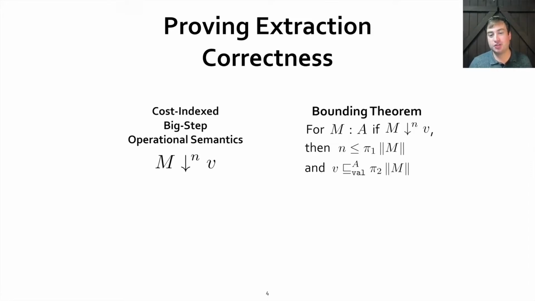So for any closed term M of type A, if M evaluates in n steps to V, then the extracted cost of running M is an upper bound on n, and also the usual logical relations value relation nonsense. But anyway, this theorem is the crucial step. It formally connects the operational cost model to the extracted recurrences.